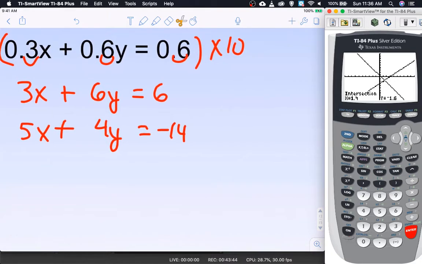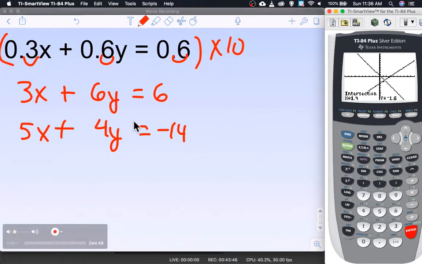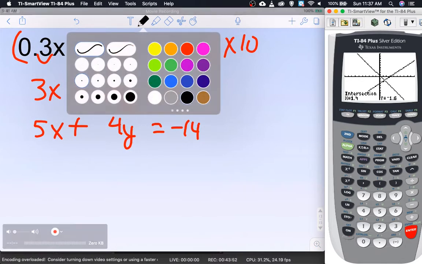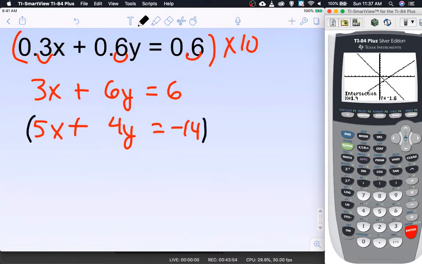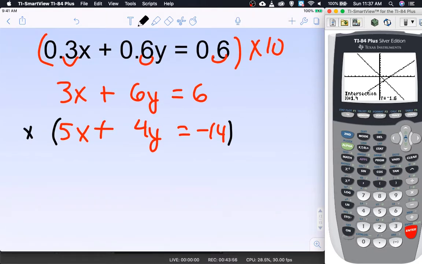I'm looking at these 2 equations, and it's going to be the same amount of work to eliminate x's or y's. So I'm going to multiply the bottom equation by 3 and my top equation by -5 to make my x's eliminate. That makes this a 15y.